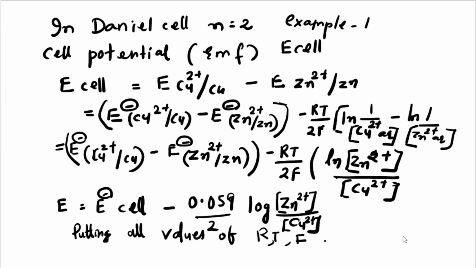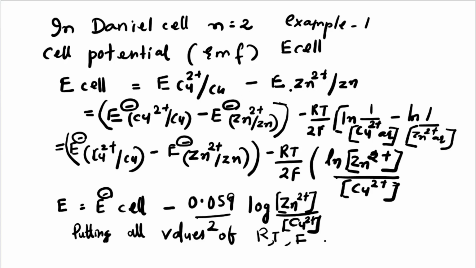Just now I told you the electrode potential of copper equals this value minus RT by the things given just now. So you take the E value of copper and the E value of Zn, and subtract one from the other.